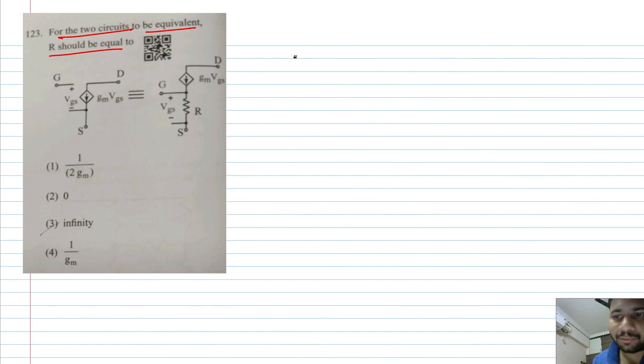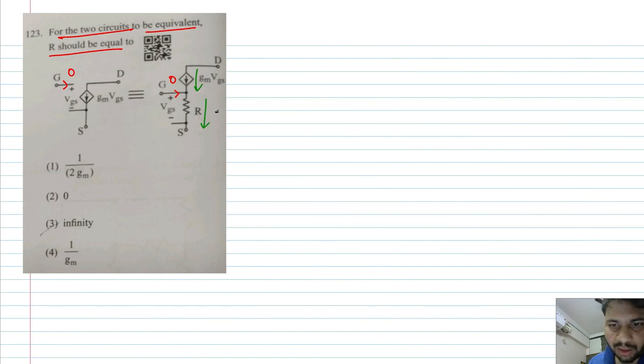In the given circuit on the left hand side, what is the current flowing at the gate? 0, because after the gate terminal we just have an open circuit, so the current at the gate has to be 0. Now for the second small signal circuit to be equivalent to the first one, even in the second case the gate current has to be 0, and for that, this current and this current both have to be equal.